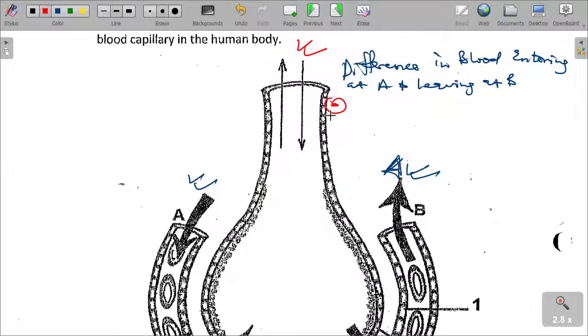The blood at A is deoxygenated, meaning to say it does not have oxygen.